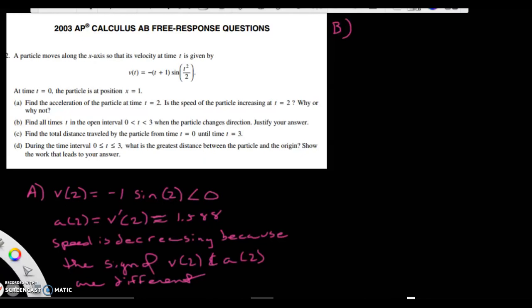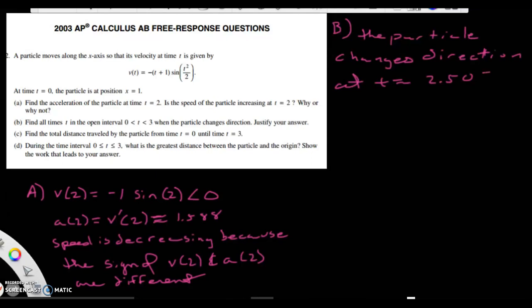So for part B, the particle changes direction at t equals approximately 2.507, because v was less than 0, then v was greater than 0 at 2.507.